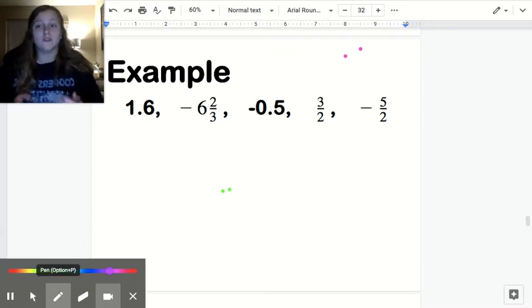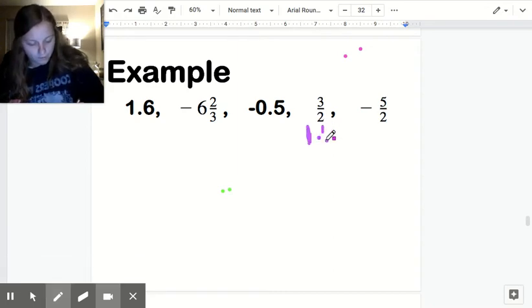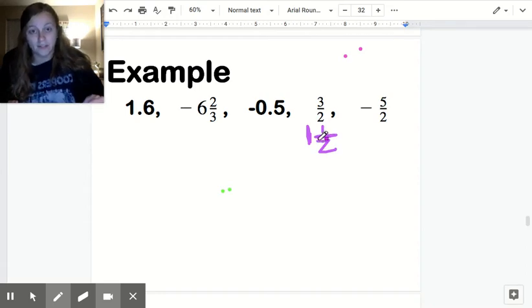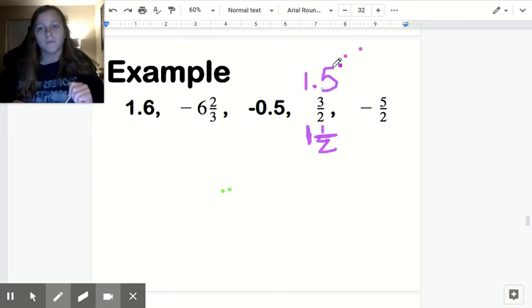So you might need to do some long division here multiple times, and that's okay. I'm just going to point out that I know that 3/2 is really 1.5, and I know that 1.5 is really 1.5. Same thing with 5/2.